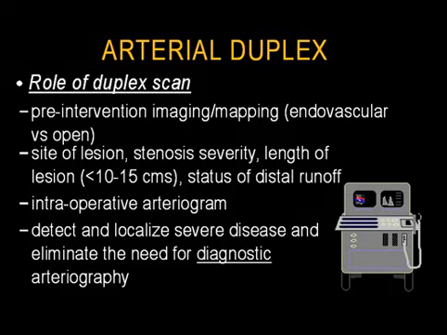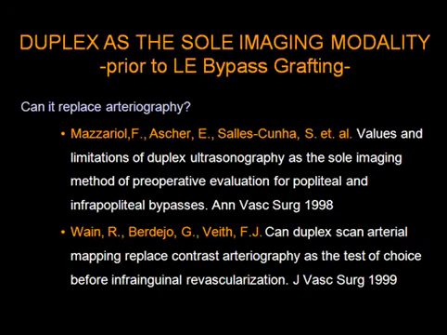The goal was to identify the site of the lesion, to determine stenosis severity as well as the length of the lesion, and also to assess the status of the distal runoff. In these patients, a limited intraoperative arteriogram can then be performed, and the intervention can be facilitated. In general, the idea was to detect and to localize severe disease and eliminate the need for routine diagnostic arteriography.